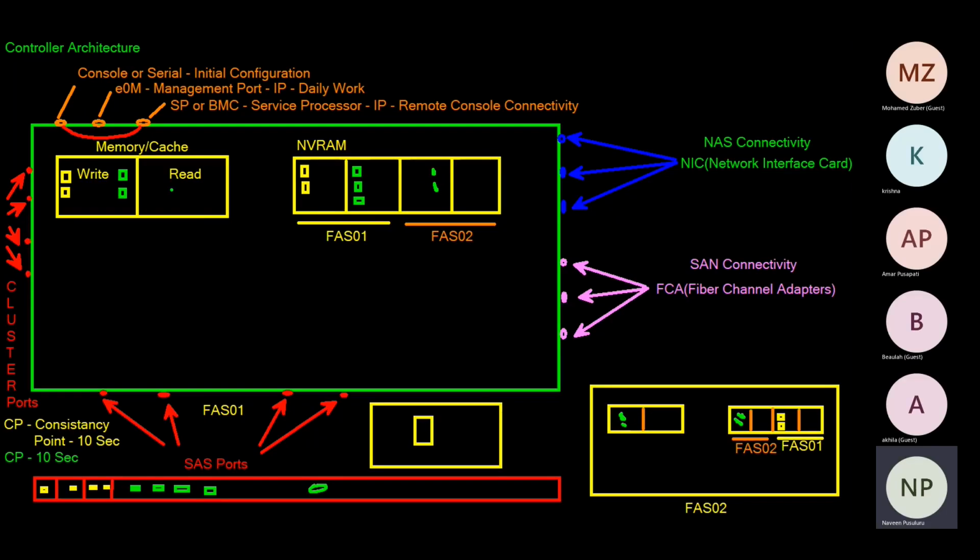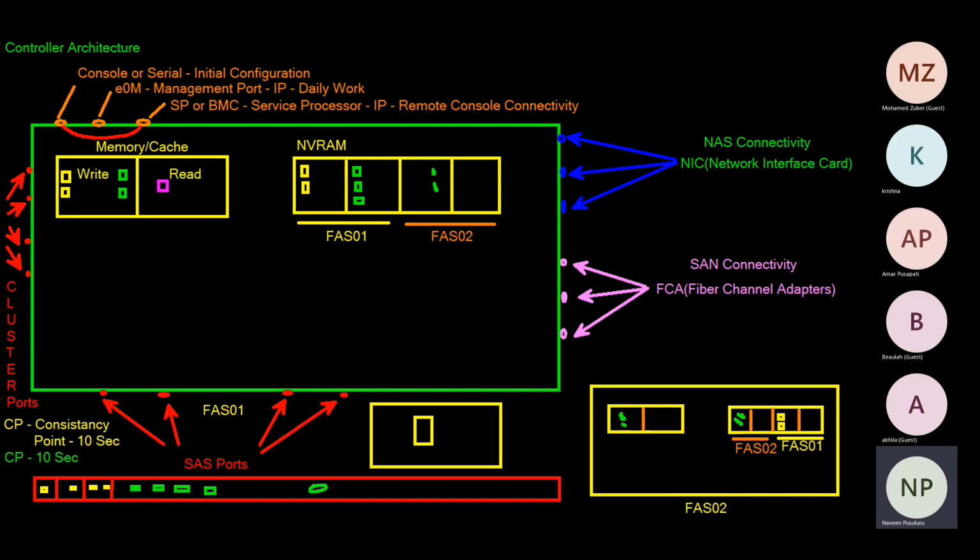Whenever any read request comes, it will not go to the disks directly. First it will come to the read part of the cache, which will store the frequently accessed data.